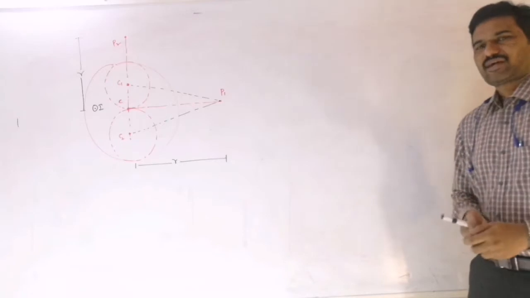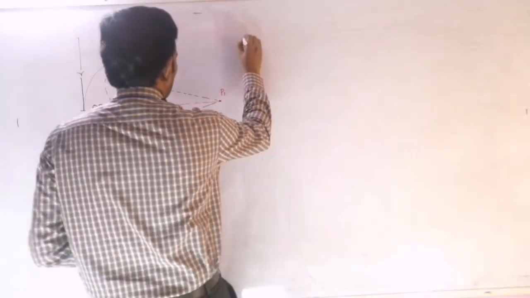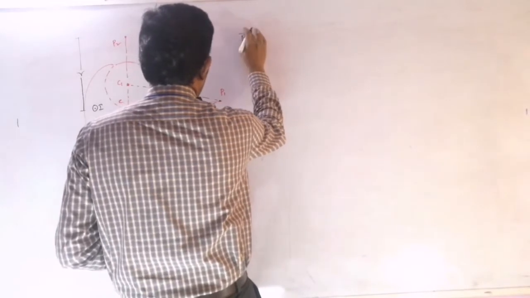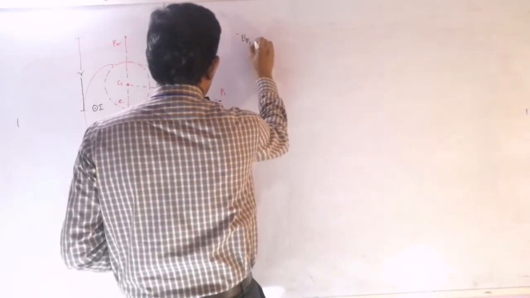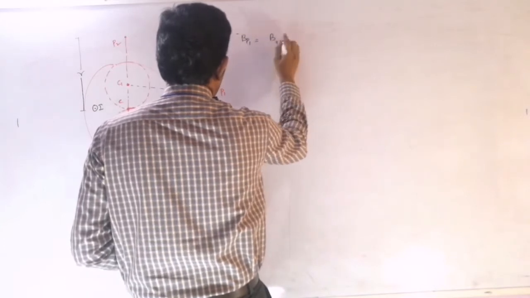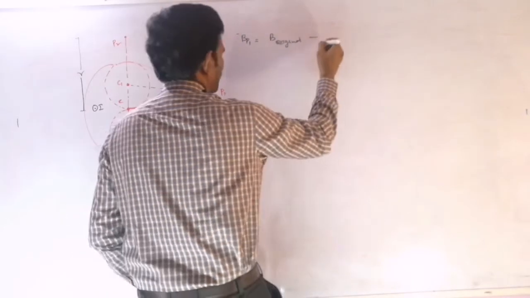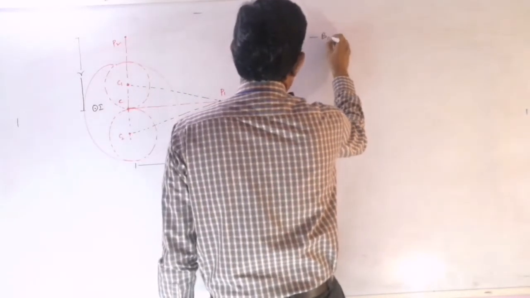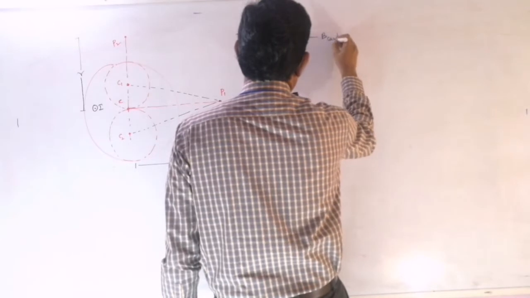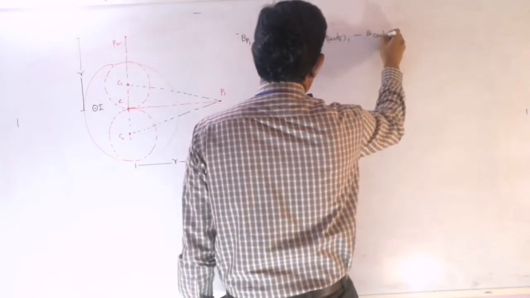Now let us write the magnetic field there. As I said, I am writing this equation: the magnetic field at point P1 is equal to the magnetic field due to the solid original conductor before making the cavities, minus the magnetic field due to cavity 1, minus the magnetic field due to cavity 2.